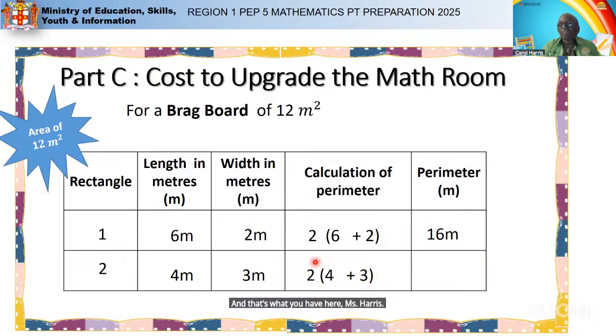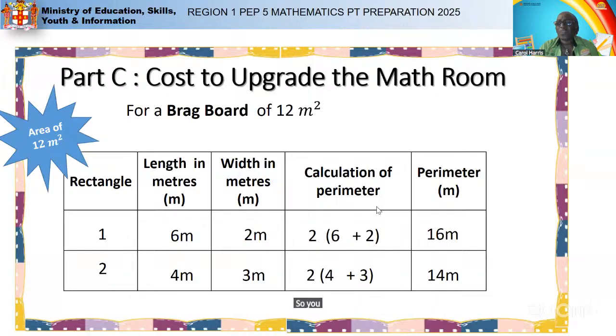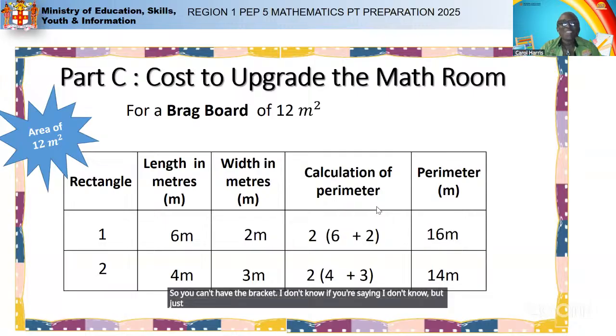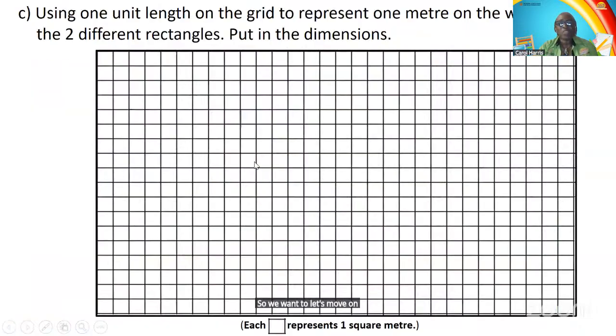So you can pay attention to that. So just wanted to point out that wherever we have that, let's clear up that error, please. So you can't have the bracket. Just clarify that, please. So let's move on. So those are the possible ones that we have.